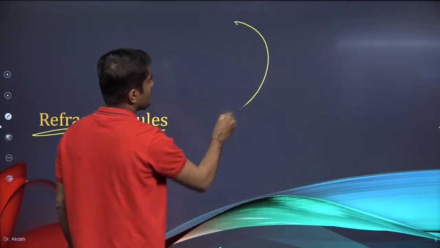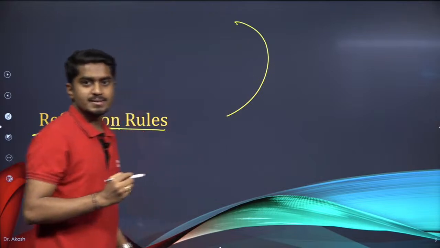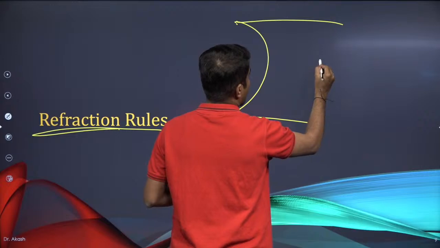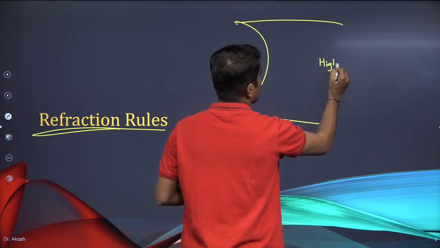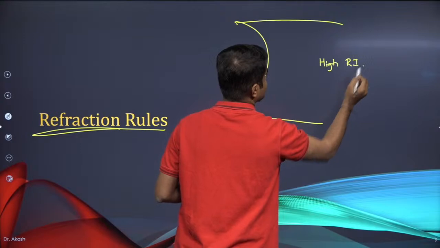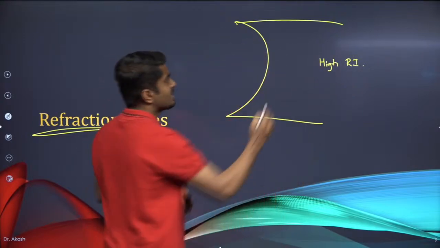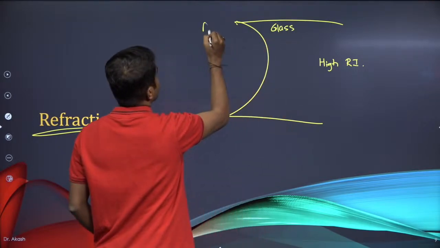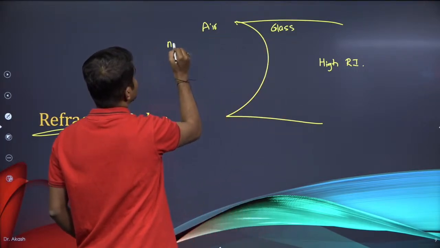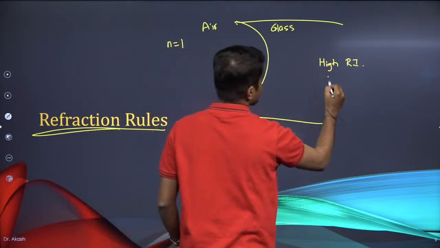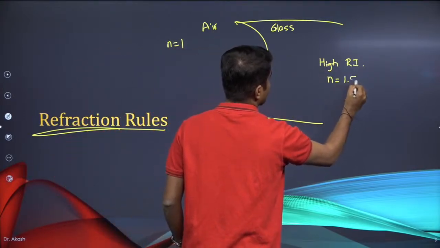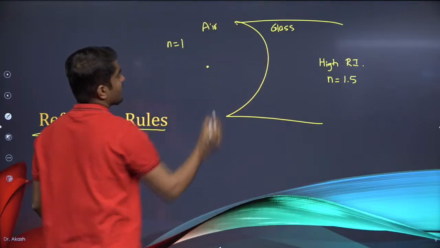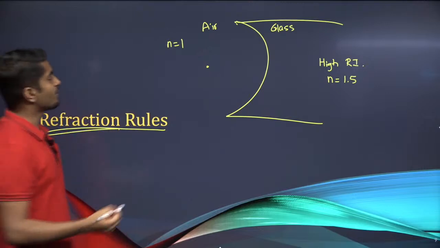Let's suppose there is a concave surface, and this is a high refractive index. For example, this is glass, and this is air. So the refractive index here is 1, and here, for example, it is 1.5. Let's suppose for this curvature we have the center here, the center of curvature.